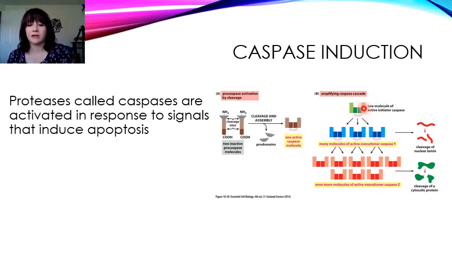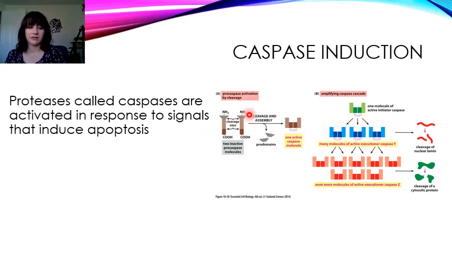And now, ultimately, these executioner caspases will be turned on, and their targets are going to be things like cytosolic protein and nuclear lamin, right? We talked about how during apoptosis, the nuclear envelope breaks down. Just as a reminder, how are all of these caspases getting activated?